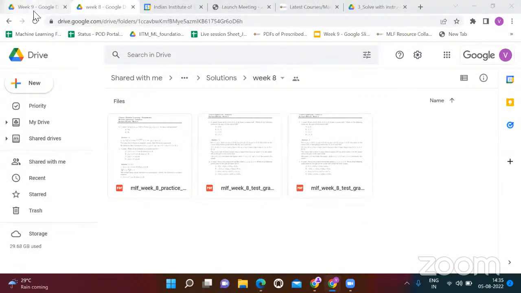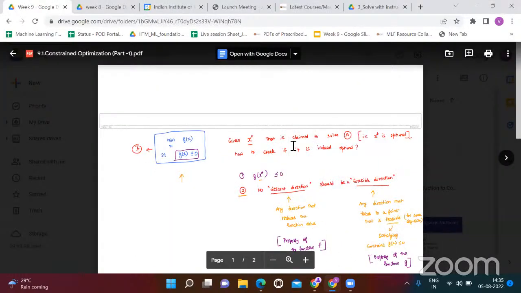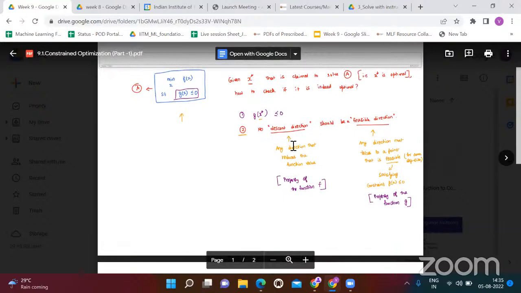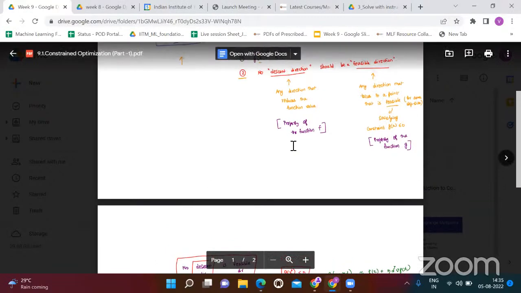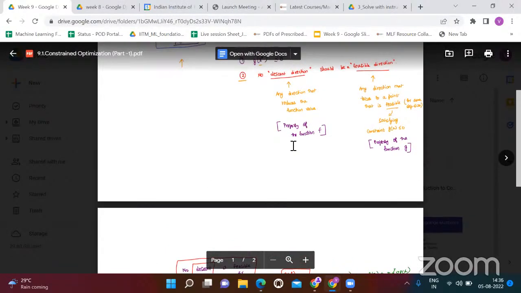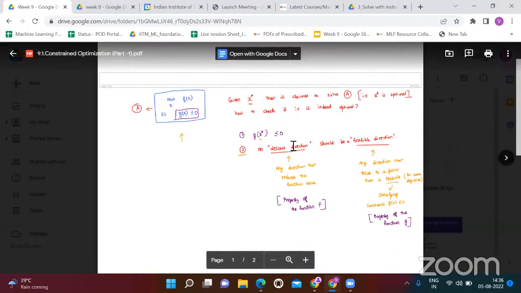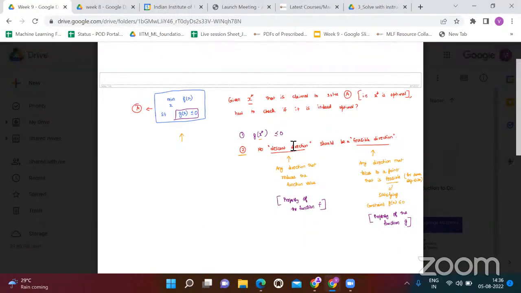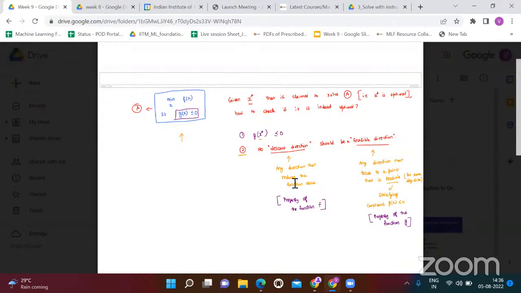So week 9, from the first lecture, these are mostly in week 9. The proofs are there. There are only something like 4 or 5 concepts, and I'll tell you the concepts. Many of these are from the starting, where sir has discussed if you have some objective function and an inequality constraint has been given, then what are the conditions that you will check?